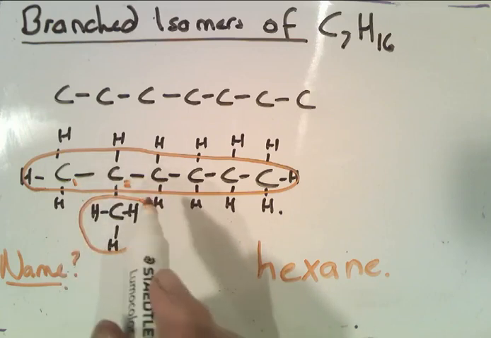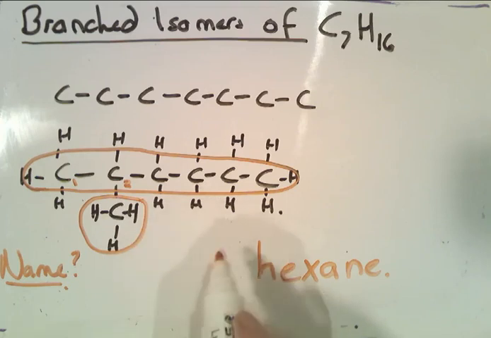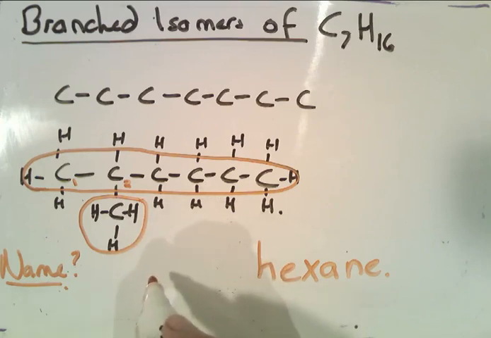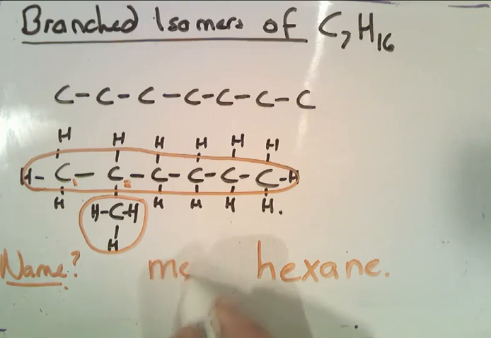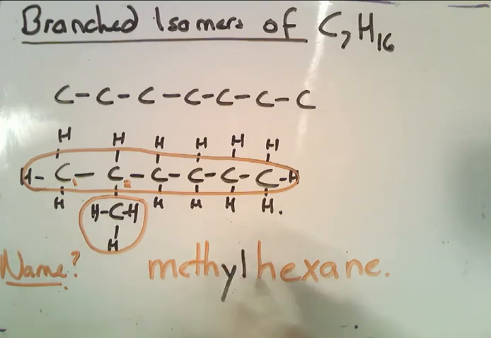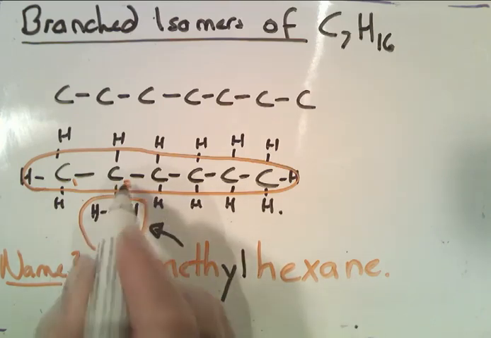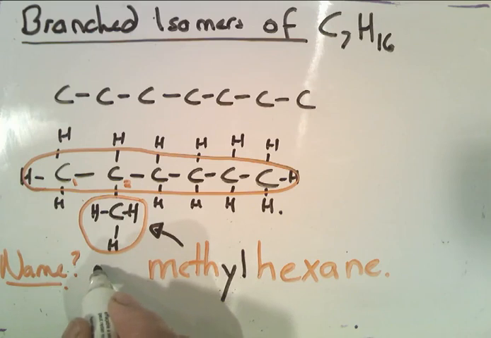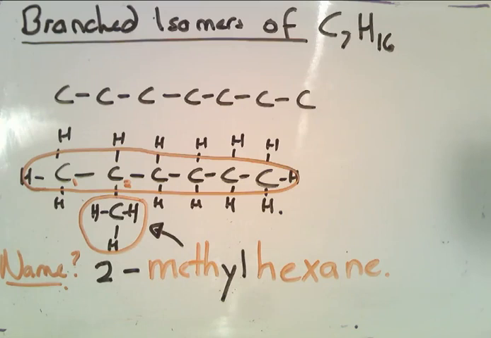The beginning of the word is the same as methane for 1, meth, but instead of saying methane, we say methyl. So this is a methyl group, and that methyl group is on the second carbon. So it's 2-methyl to show that it's on the second carbon. So that's an isomer of C7H16, a branched isomer.